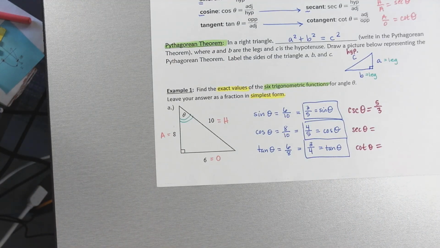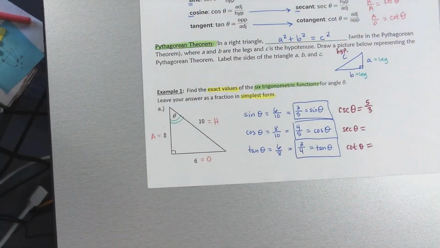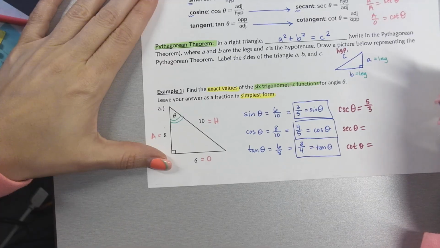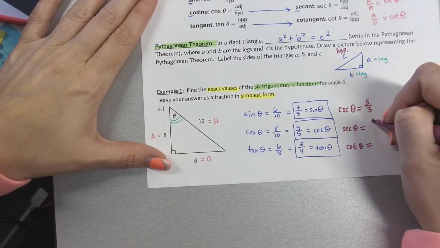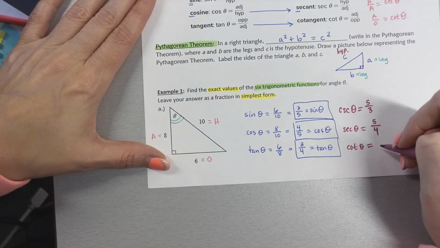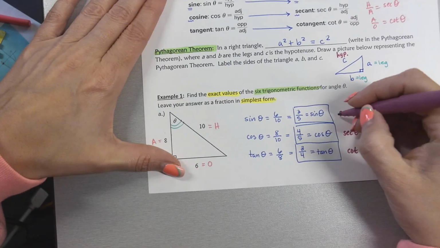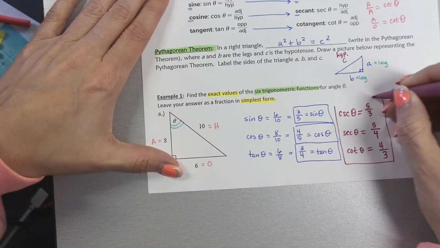And if you already have and you want to start on the next one, that is fine. So Carson, what did you get for the secant? 5/4. Yeah. And then Alyssa, what did you get for the cotangent? Yeah. So we're just taking those values and flipping them.